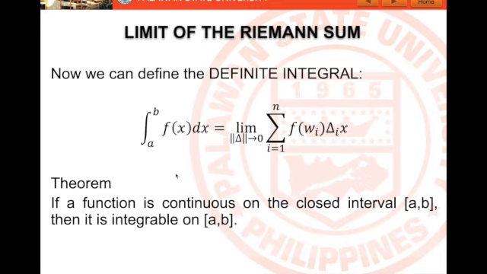If it's integrable, then the integral of the function from a to b is just equal to the Riemann sum as the norm becomes very small, approaching 0. So then, this is the definition of our definite integral.